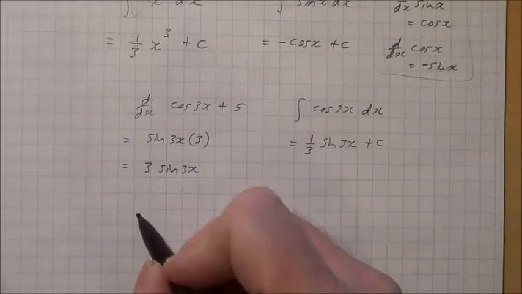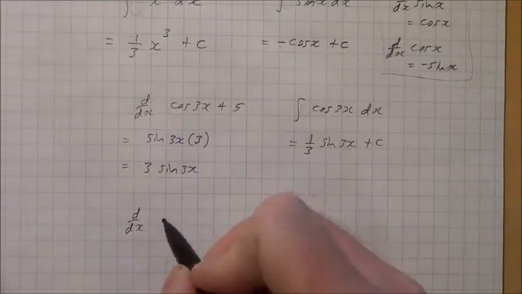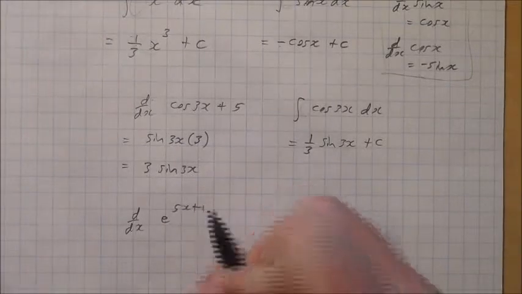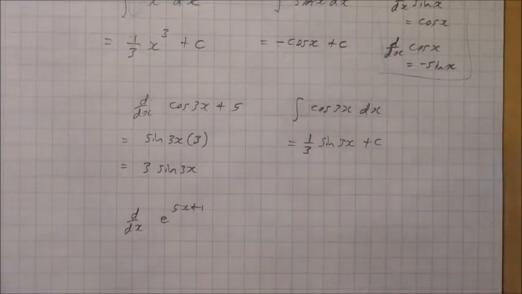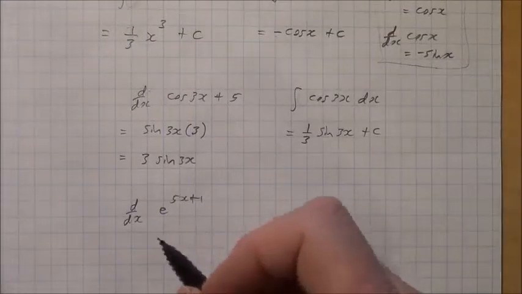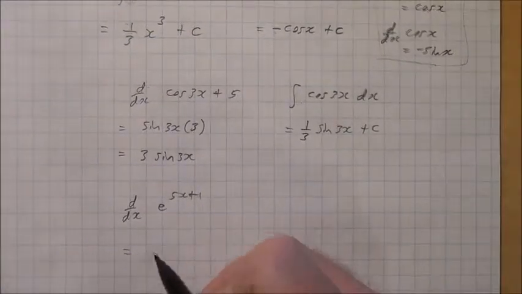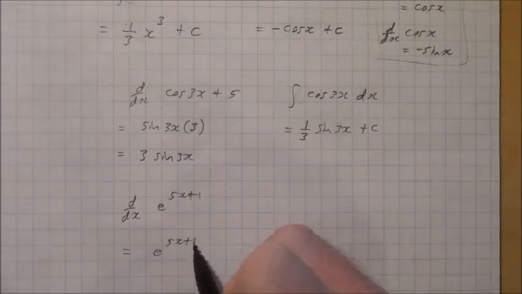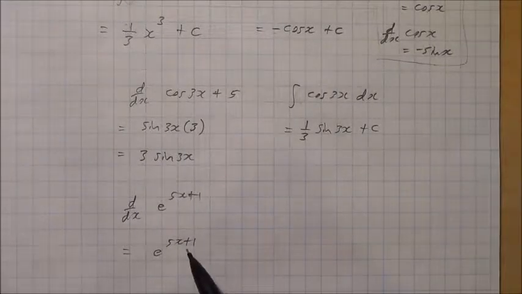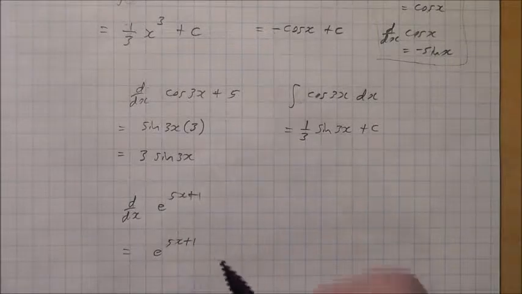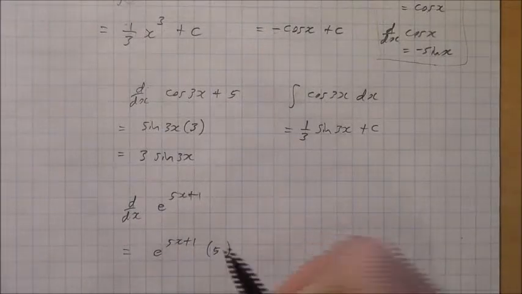If I'm differentiating something like e to the 5x plus 1, well, the derivative of e to the x is just e to the x. So this is e to the 5x plus 1, but then we have to differentiate the exponent, which in this case is going to be 5.